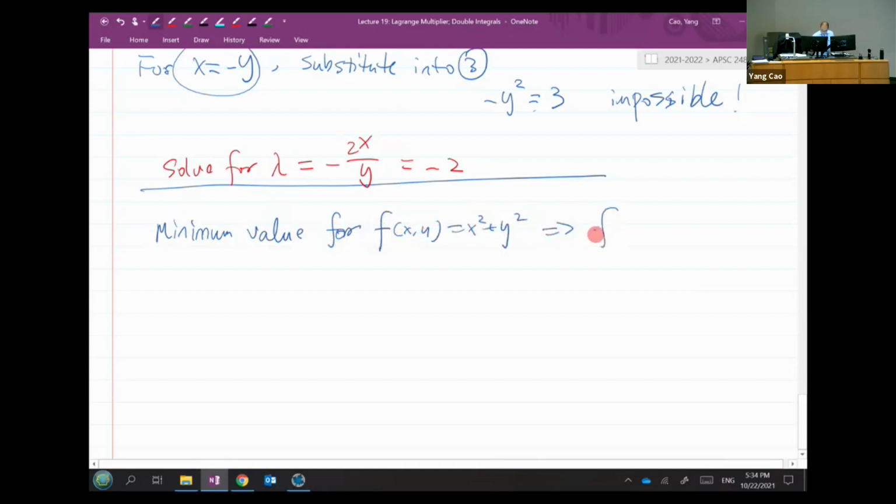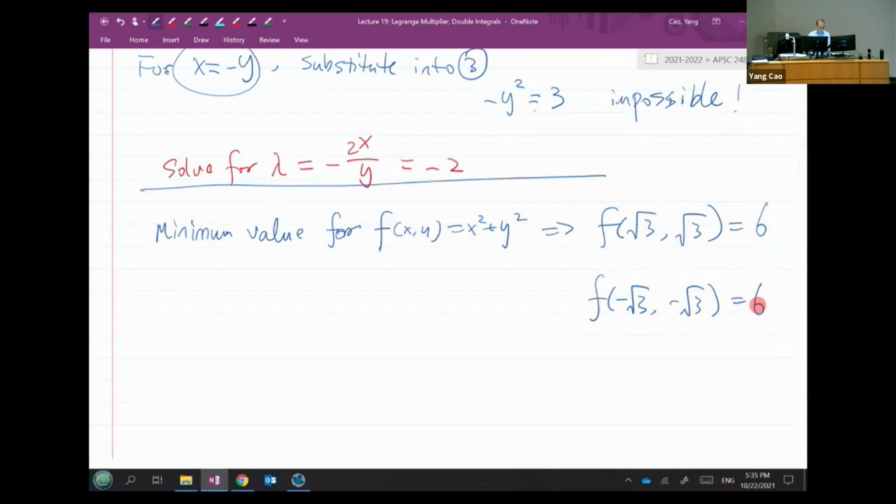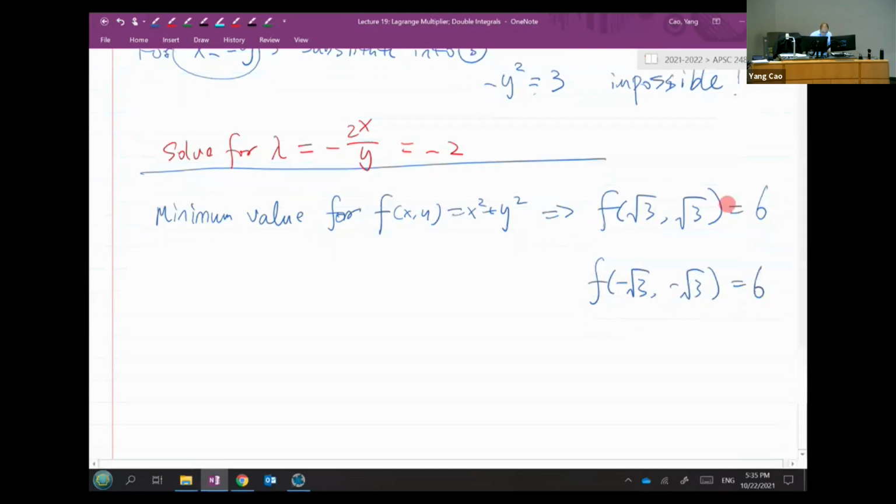Substitute the two values into the function and you get 6. And when you substitute negative root 3, you're going to get 6 too.